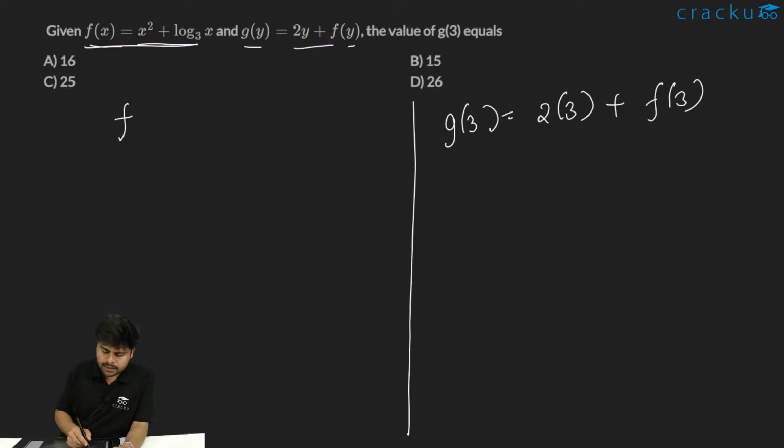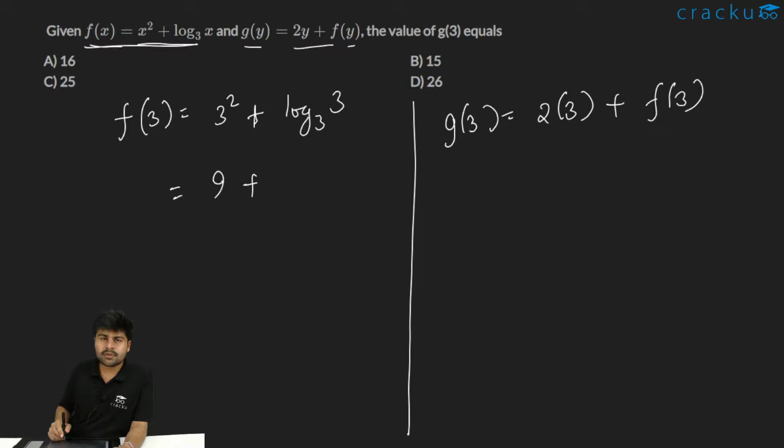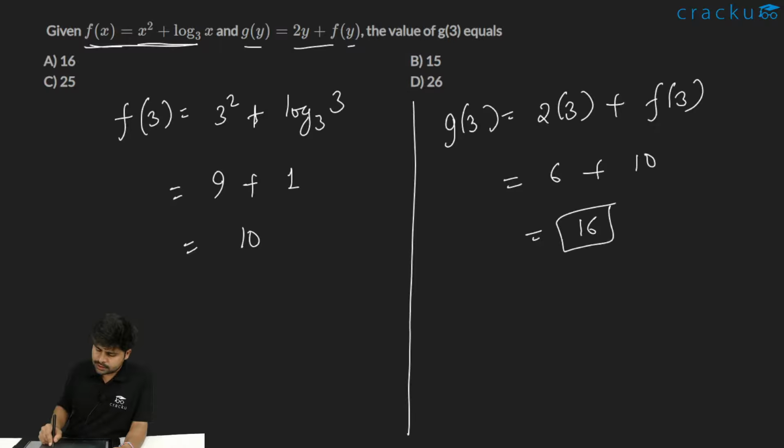This means f(3) is equal to 3 squared plus log base 3 of 3. 3 squared is 9, plus log base 3 of 3 is 1, right? This is 10. So this will be 2 times 3, which is 6, plus 10. The correct answer is 16, which is option A, right?